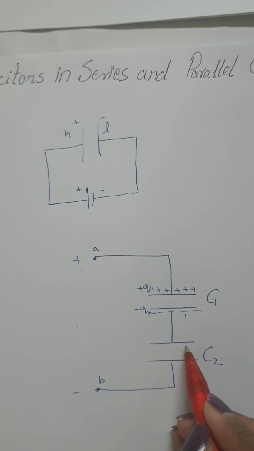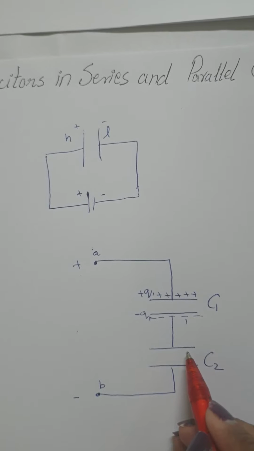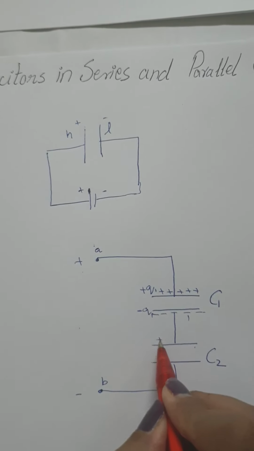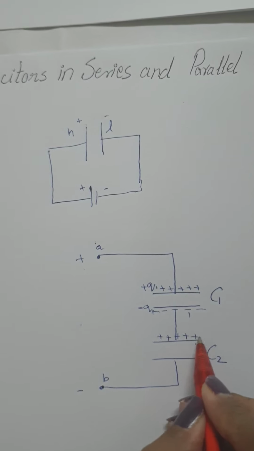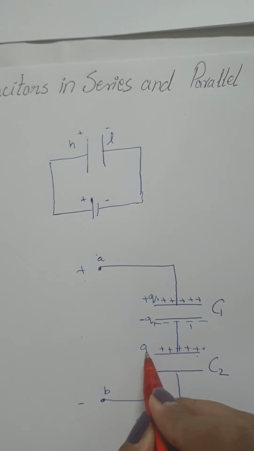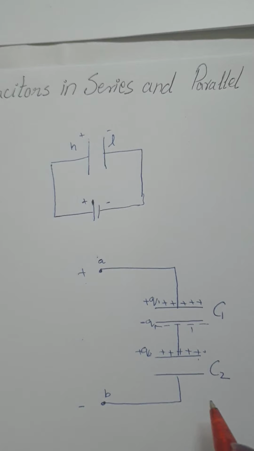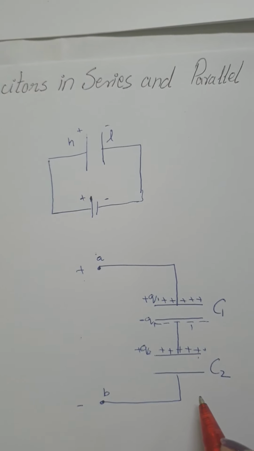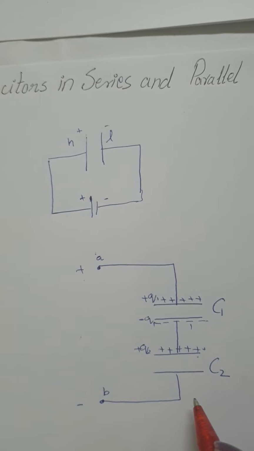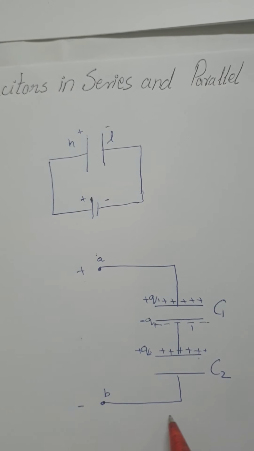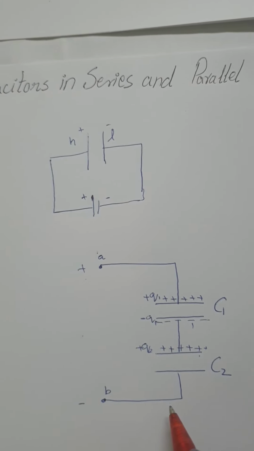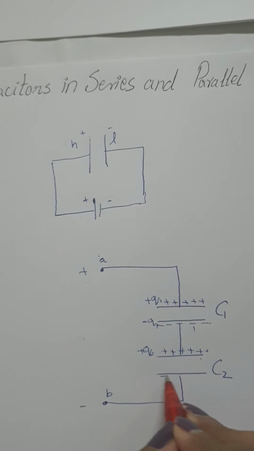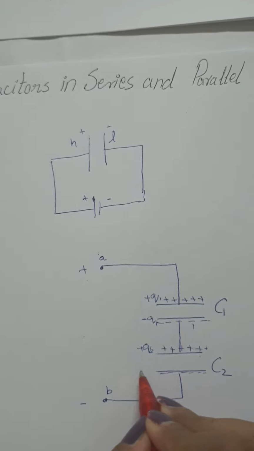Now the top plate of capacitor 2 becomes electron deficient and positively charged. This positive charge pulls the negative charge from the connection at point B onto the bottom plate of capacitor 2, so this becomes negative.